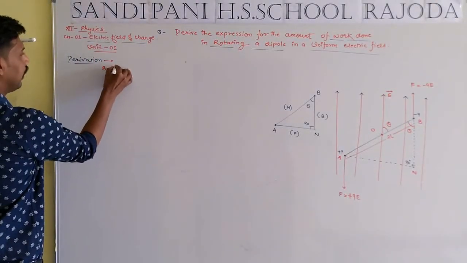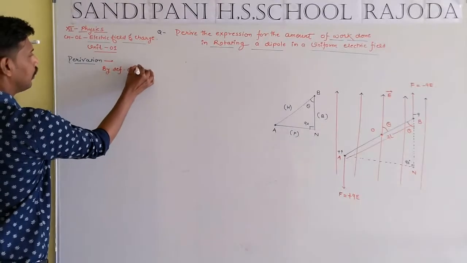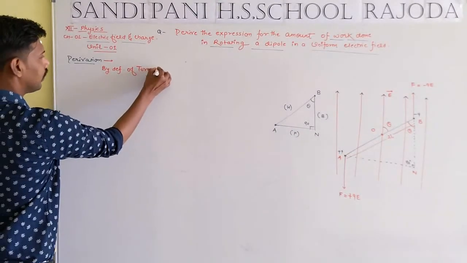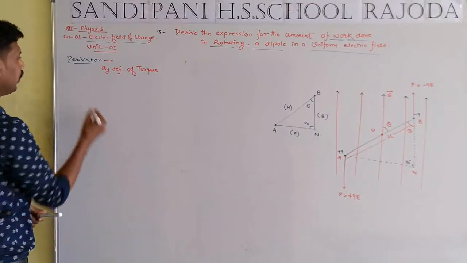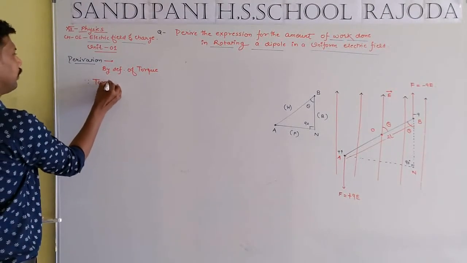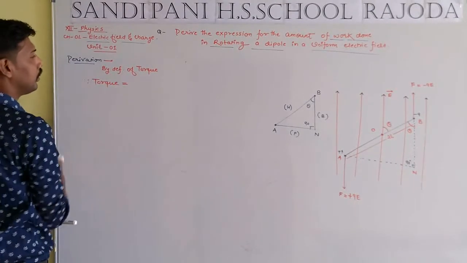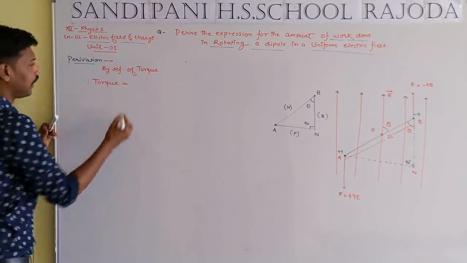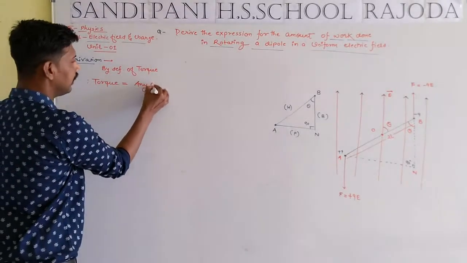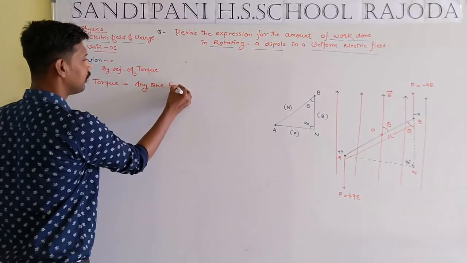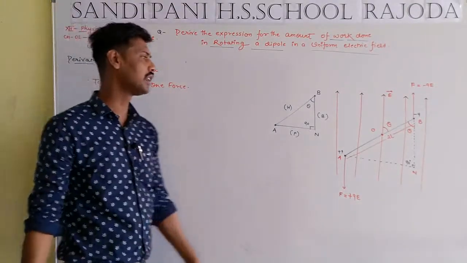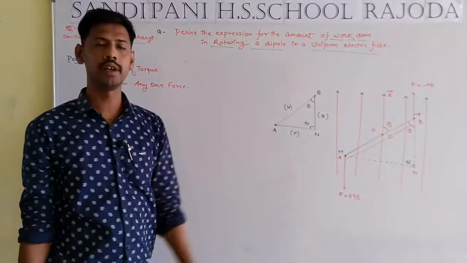By definition of torque, my dear students, what is the proper definition of the torque? Torque is equal to any one force. What is the meaning of any one force? Here how many forces are there? Two forces, upward direction and downward direction.